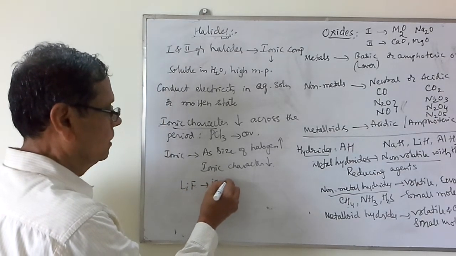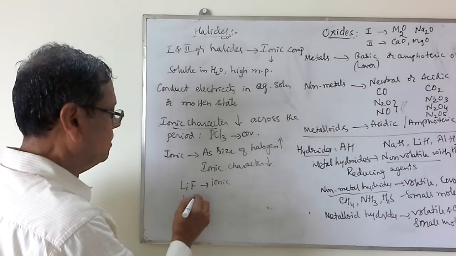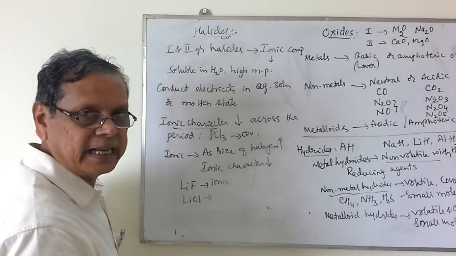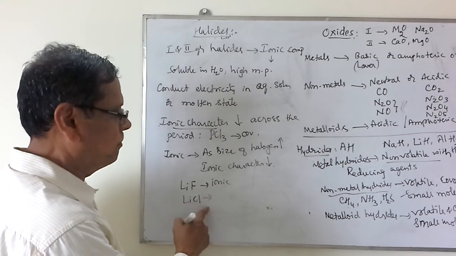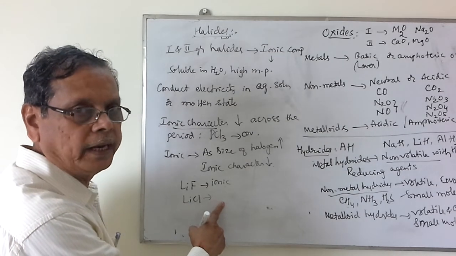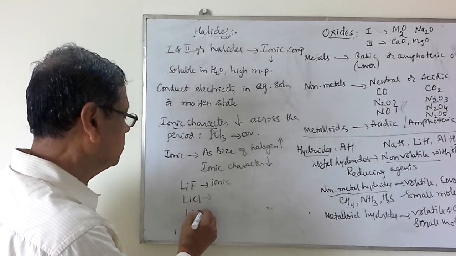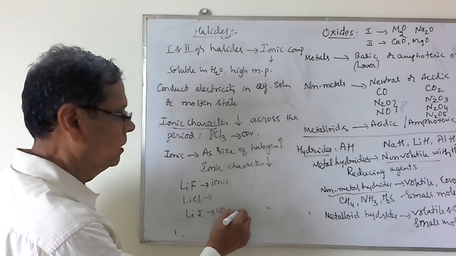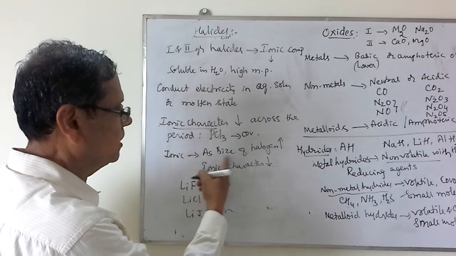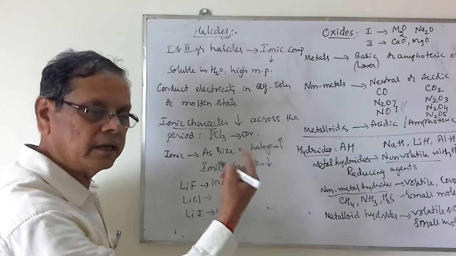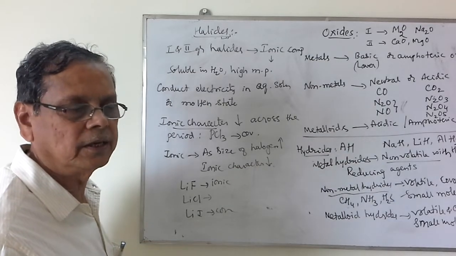But when we consider lithium chloride, it is less ionic. Similarly, lithium bromide becomes still less ionic, more covalent. And lithium iodide exclusively behaves as a covalent compound. So the ionic character depends on the size. As the size increases, ionic character decreases.